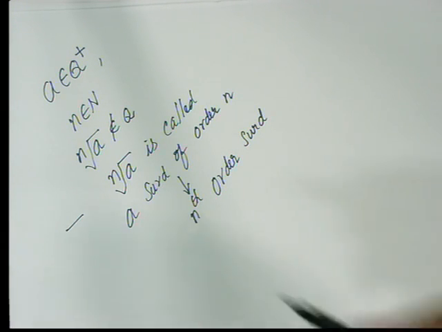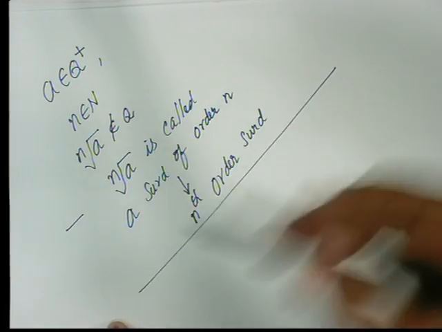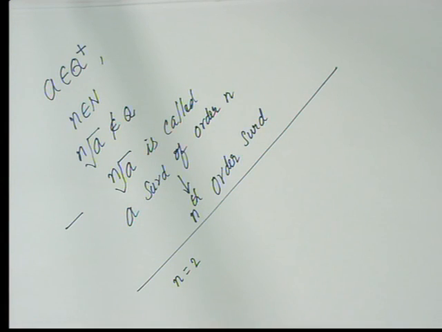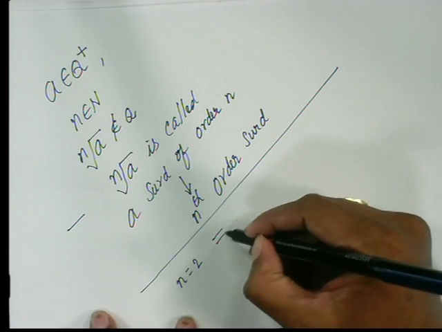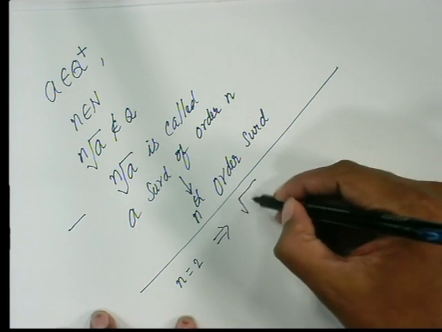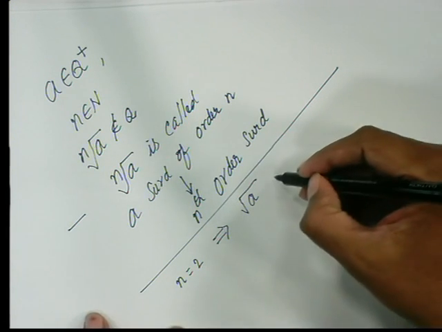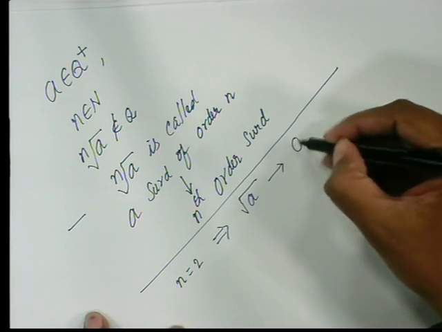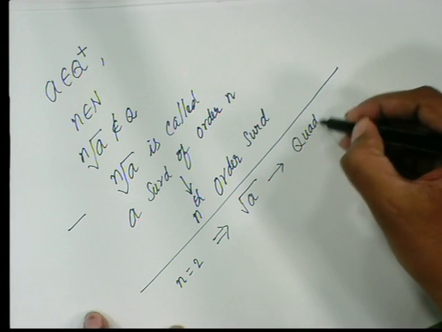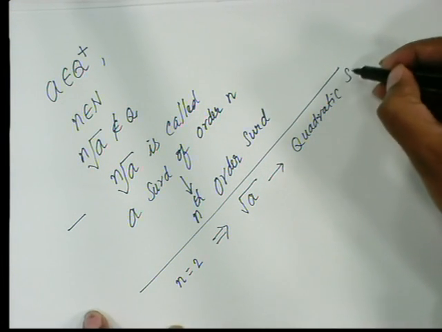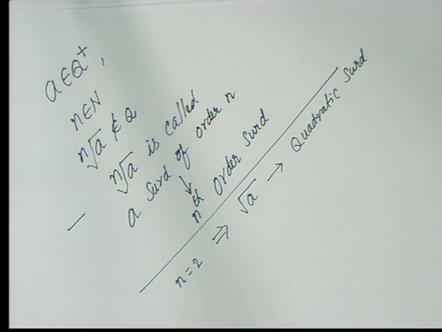Now suppose we put n is equal to 2, what do you get? That is nothing but root A. This root A is called a quadratic SURD. Okay, quadratic SURD.